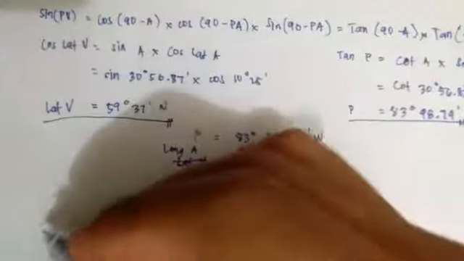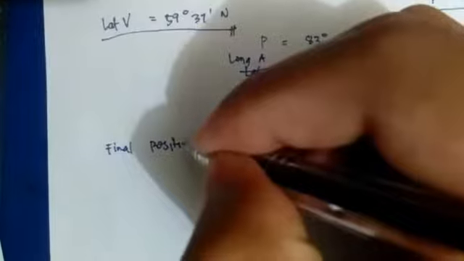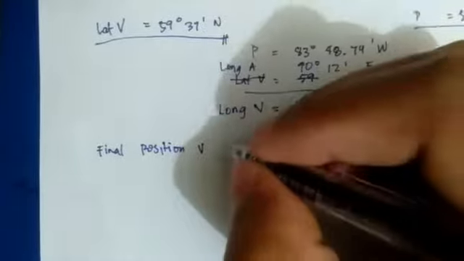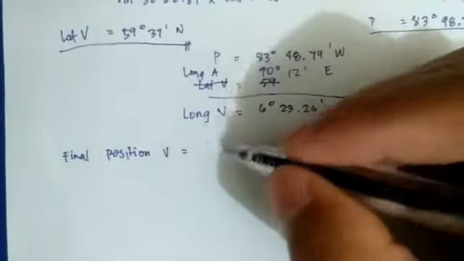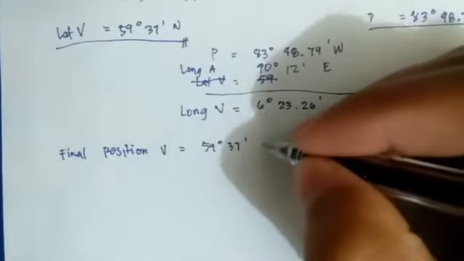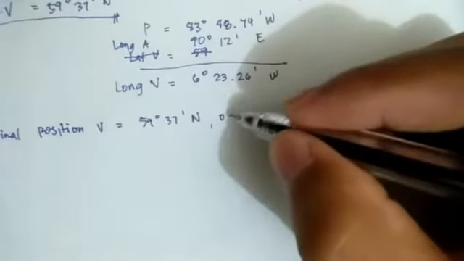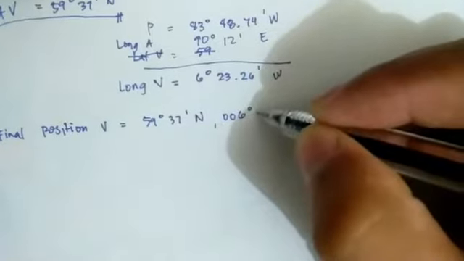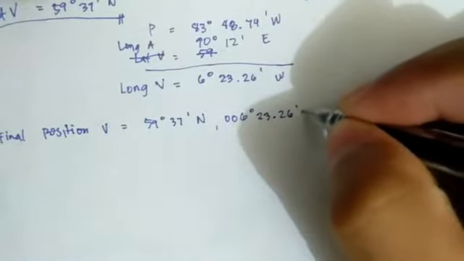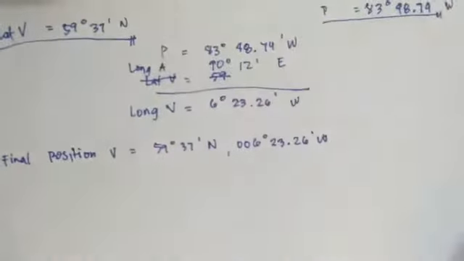So the final position of our vertex is 59 degrees and 37 minutes north and 006 degrees 23.26 minutes west. So that is the final position of our vertex.